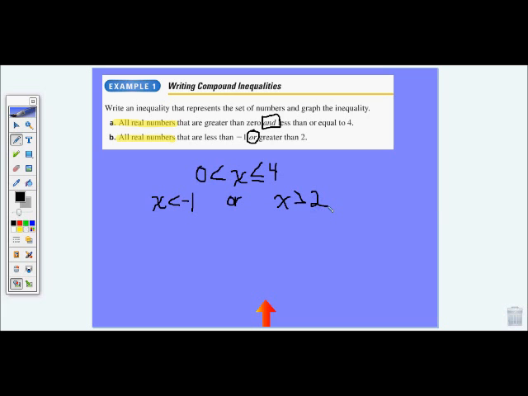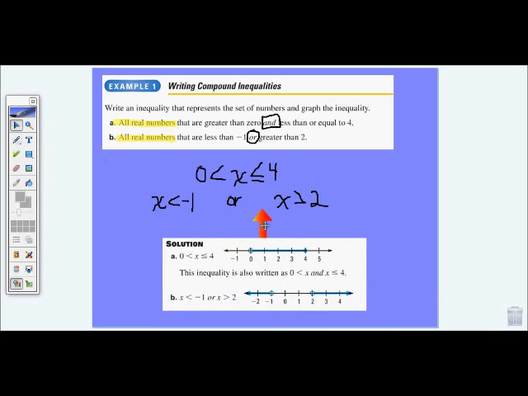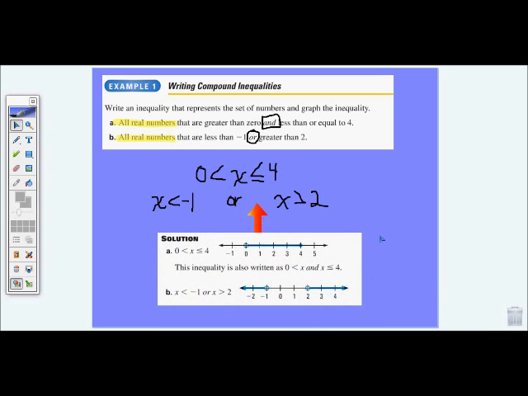Now these sentences seem to confuse people sometimes because when you graph them, they look completely different than any we've done before. The first solution, they have the same sentence: 0 is less than x, which is less than or equal to 4. We're going to remember our rules about graphing.